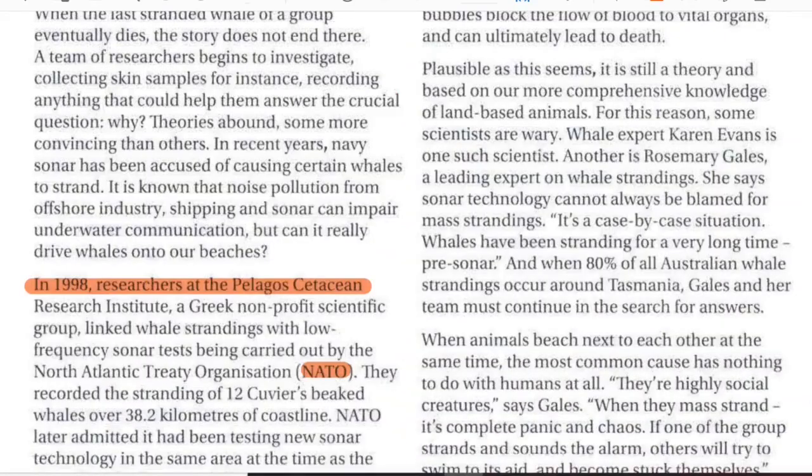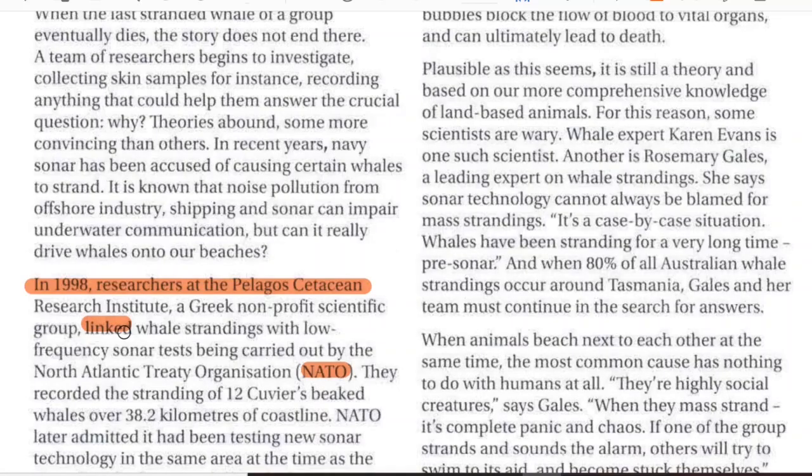But in the question, there is nothing that says the aim. It only says that this institute conducted the research in 1998, and in that research they linked whale stranding with low frequency sonar tests being carried out by the NATO.